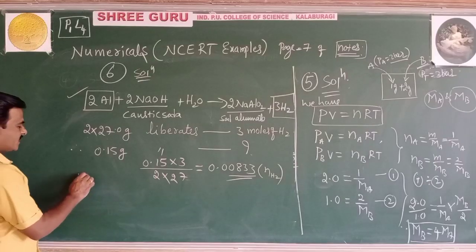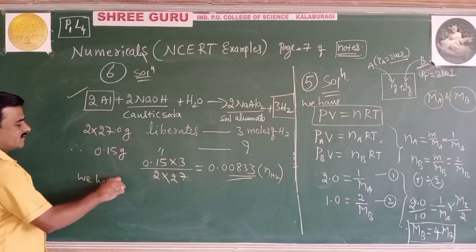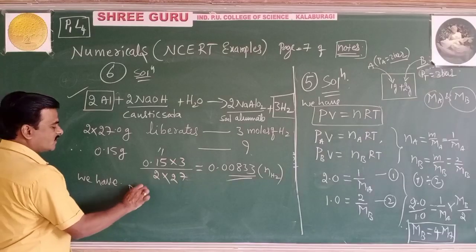Now we have the equation for the final volume as asked. We have PV equals nRT.